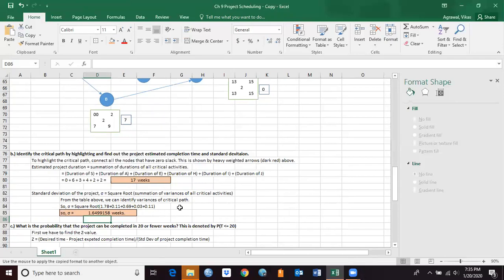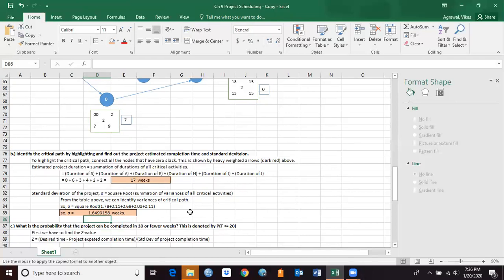Now the project duration, or the project completion time, follows a normal distribution, and that's something you have to keep in mind, with a mean of 17 weeks and a standard deviation of 1.65 weeks. The project duration is always assumed to follow a normal distribution given that we have a large number of critical activities involved.